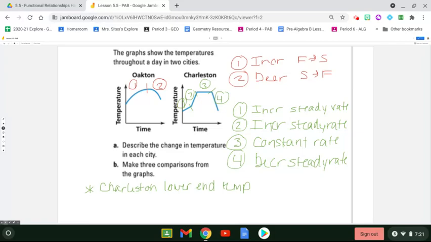We can say Charleston has steady increases and decreases because it's linear.